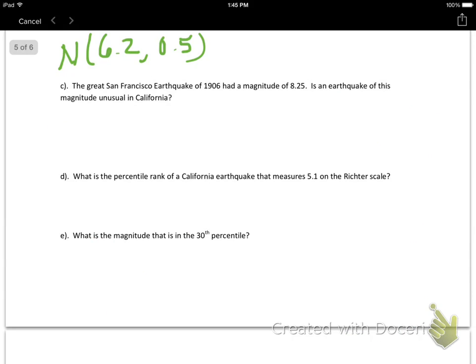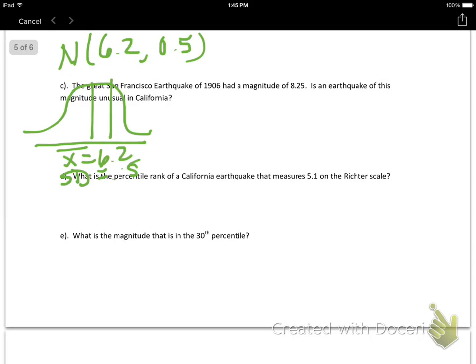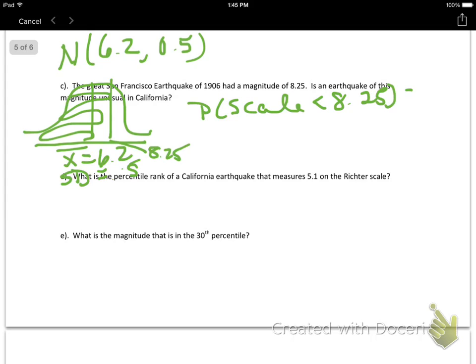Okay, so now they want to know about a magnitude of 8.25. So again, I'm going to draw the distribution. My mean is 6.2. My standard deviation is 0.5. And here is 8.25, and I'm going to shade below. So the probability that the scale is less than 8.25.